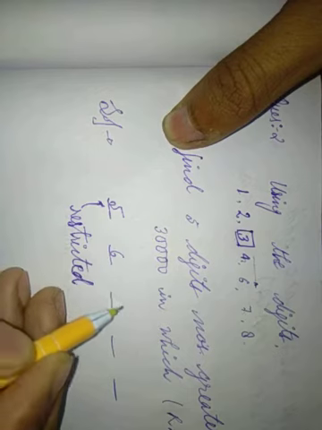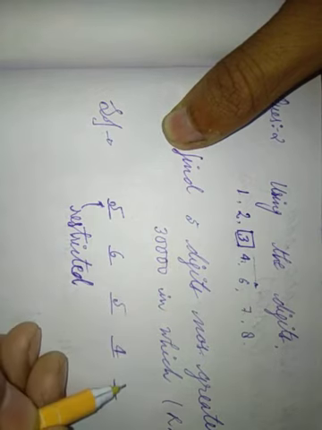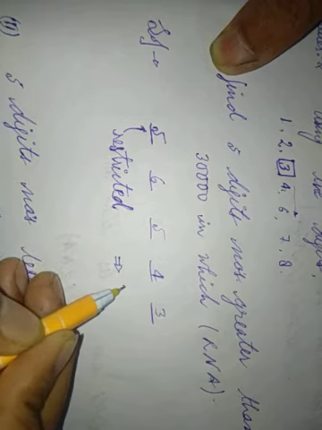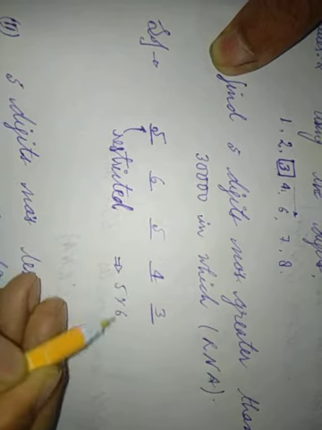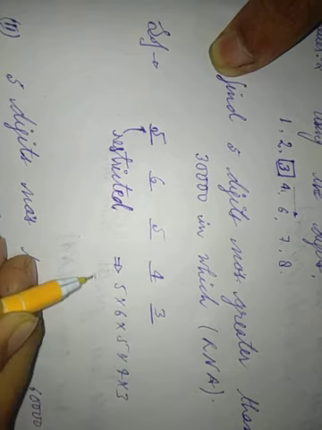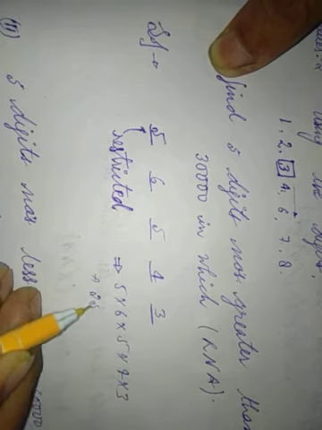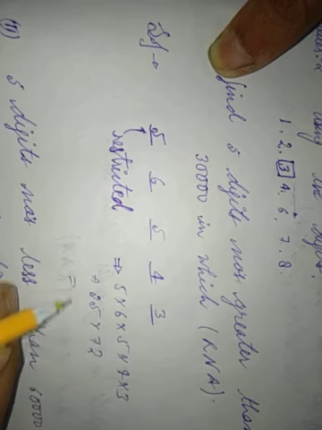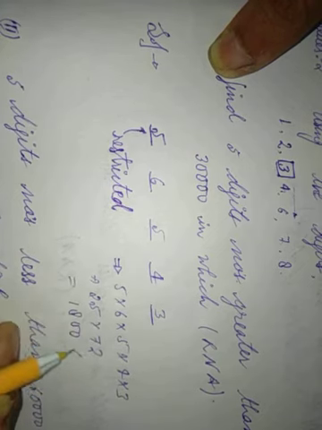Here 6, 5, 4, 3. Multiply 5 into 6 into 5 into 4 into 3, this comes out 25 into 72, 1800. This is the answer.